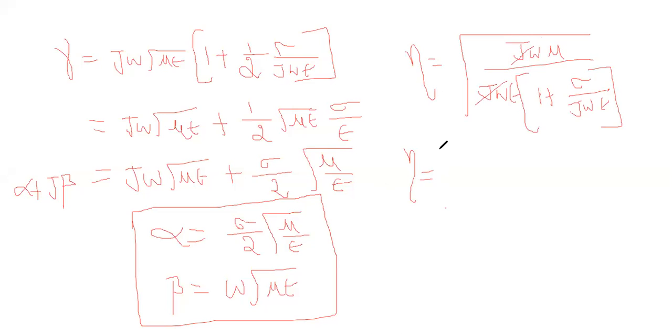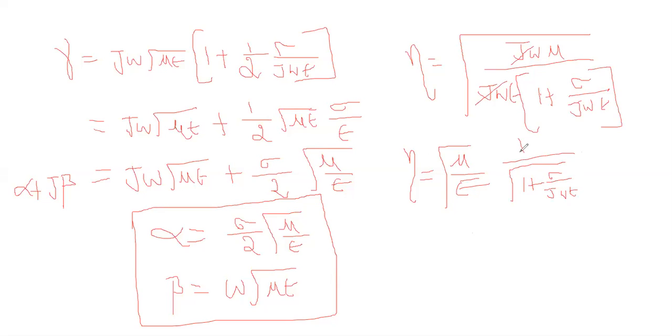Eta is equal to under root of mu by epsilon, and another factor is there: 1 by under root of 1 plus sigma by j omega epsilon. But here for 1 plus x whole power n, we wrote 1 plus n into x.